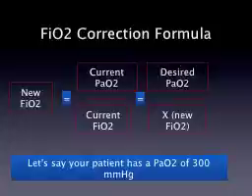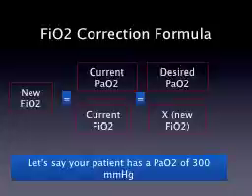On the top, I put my current PaO2 divided by the current FiO2, and that equals the desired PaO2 over X. And X is going to be the new FiO2 that I could set my ventilator to, and that new FiO2 will get me the desired PaO2.